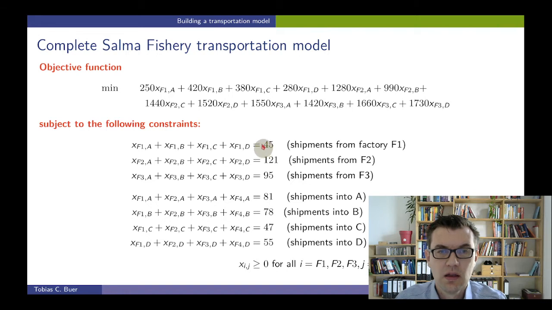If the factories in total offer less than what is required by the warehouses, these first three equalities can remain the same. We keep the equal sign. However, we have to tell the model that we will not be able to fulfill the total demand of all the warehouses, and we need to replace these four equal signs by smaller or equal signs.